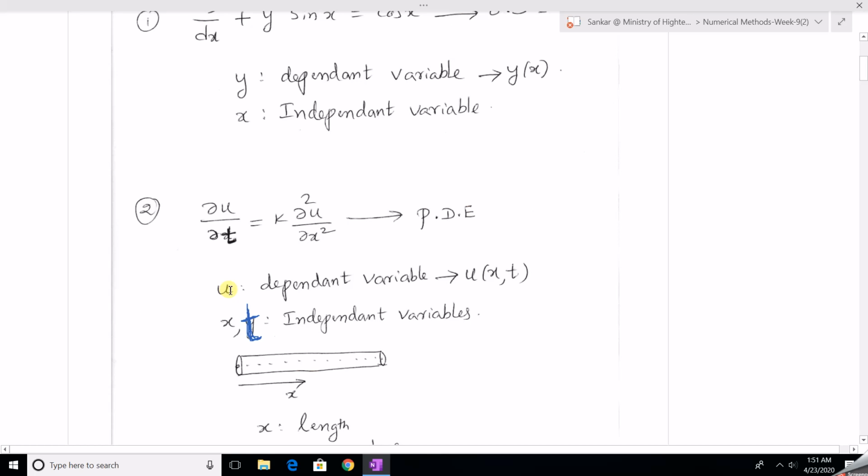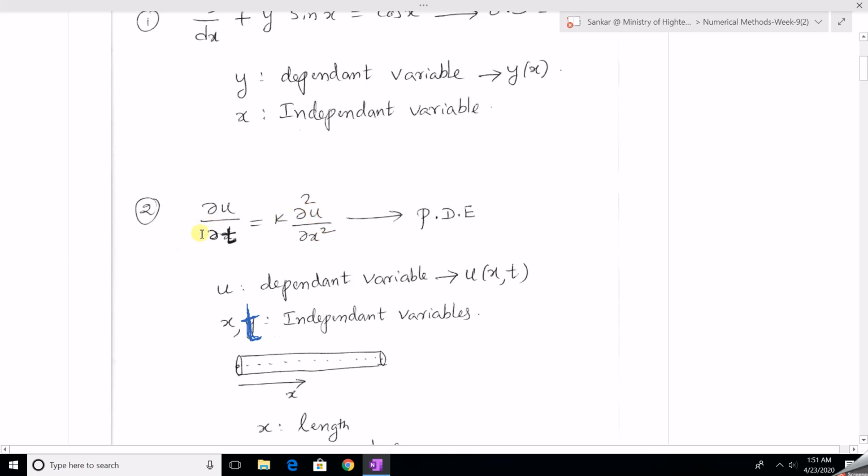So the dependent variable u depends on x and t. So the derivatives will be partial derivatives. Dou u over dou t is a first order partial derivative and dou square u over dou x square is a second order partial derivative.